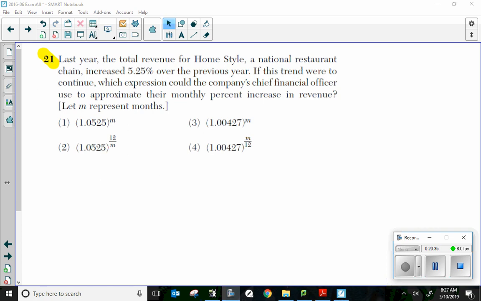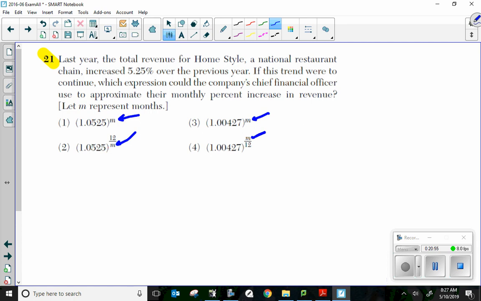If this trend were to continue, which expression could the company's chief financial officer use to approximate their monthly percent increase in revenue? Let M represent months, okay? So as I look at all my possible answers here, this exponent is in months, okay? M represents months, all right?